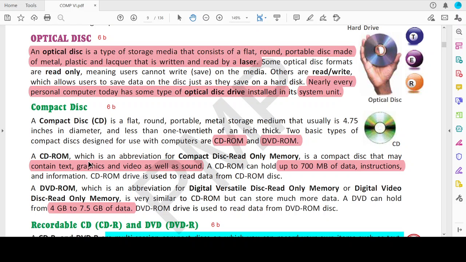A compact disc ROM, which is an abbreviation, is a compact disc that may contain text, graphics, video, as well as sound. So you can store your essay. If you have written an essay, a letter or some stories in a Word file, as you submit assignments in Word files, you can store it in a CD-ROM.